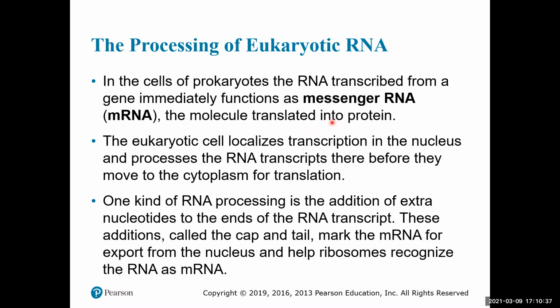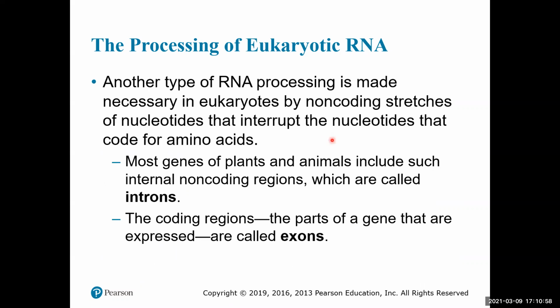However, the eukaryotic RNA, like I said, needs to be modified a little bit before it's recognized as an mRNA molecule. It first has to have what's called a cap and a tail added to the ends of the mRNA molecule. And then it also has to have some of the molecule removed from it.